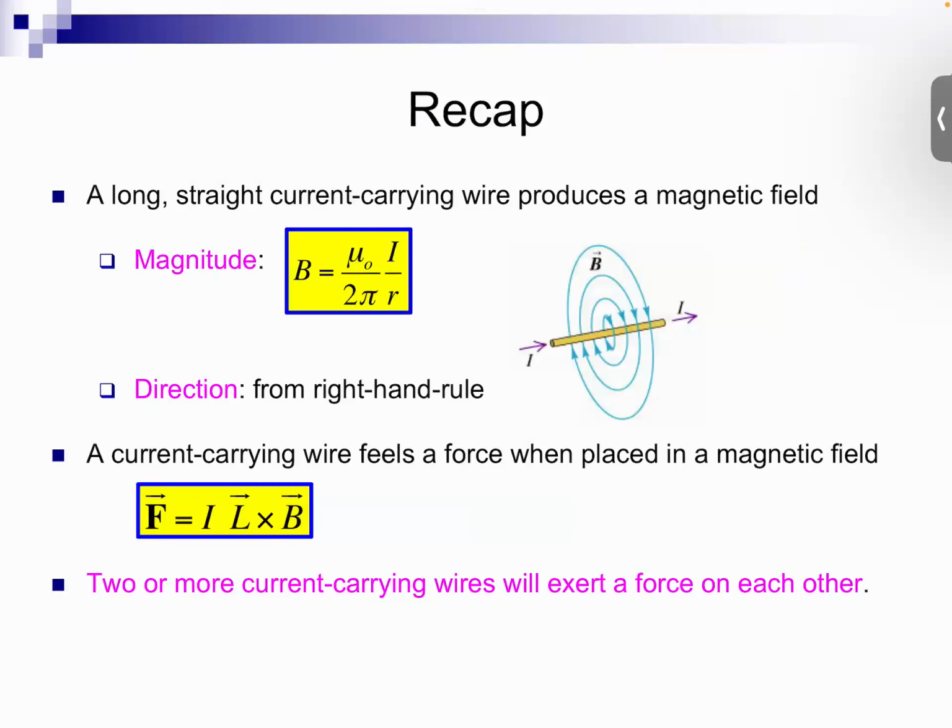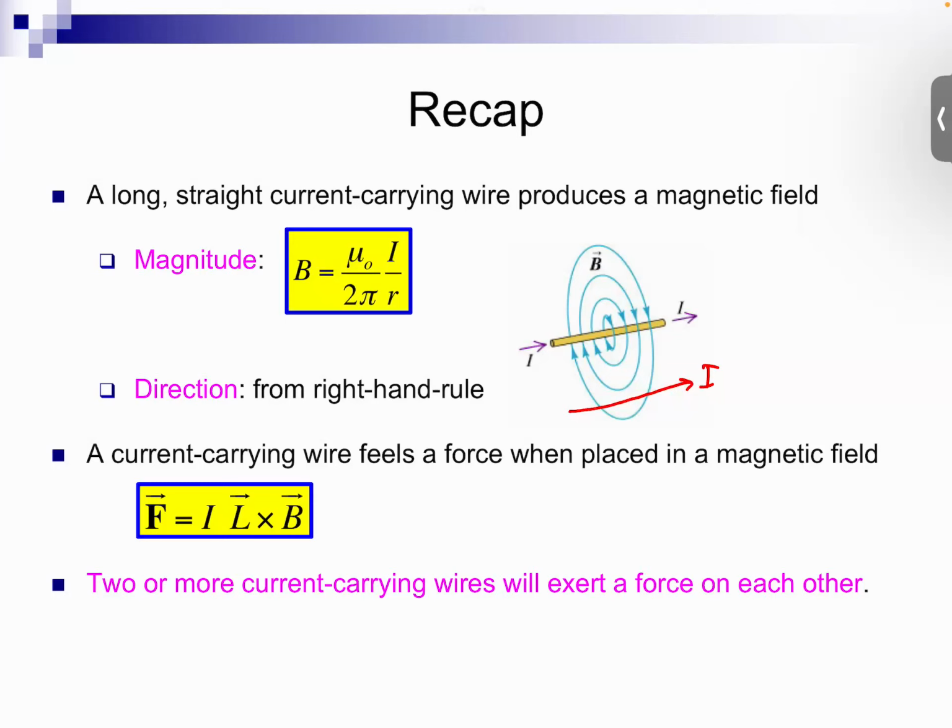Okay, so we learned if you have a wire, we can find the magnetic fields using this equation, which came from Ampere's law. The direction of the magnetic field you get from the right-hand rule. If we combine that with the concept we learned yesterday, where if you have a magnetic field and you put another wire that's carrying a current beside the other wire, the magnetic field set up by the first current-carrying wire will exert a force on the second wire.